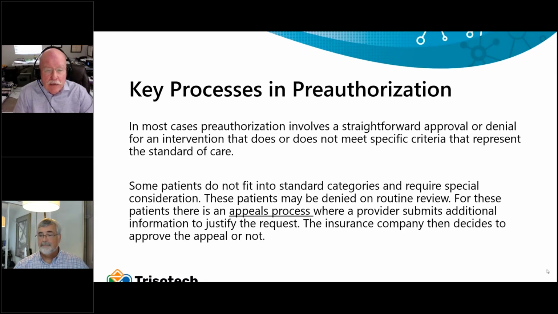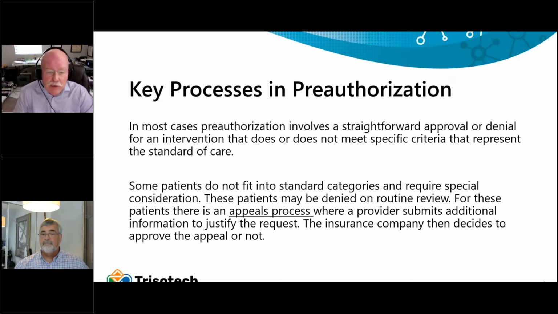When you look at pre-authorization, there are basically two scenarios that come up. One is the process where everything goes through in a straightforward fashion. The second is that there is a glitch in the approval process, and there may be some conflict between the insurance company, the provider, and the patient as to what is covered or not.